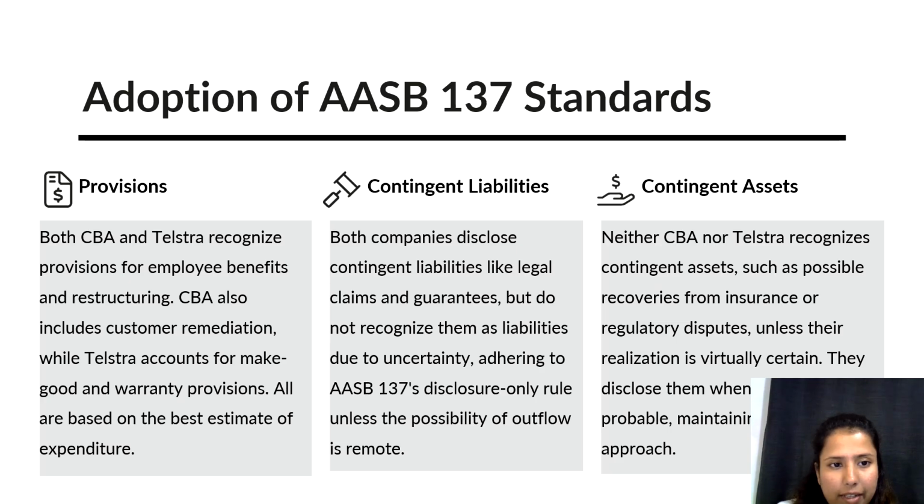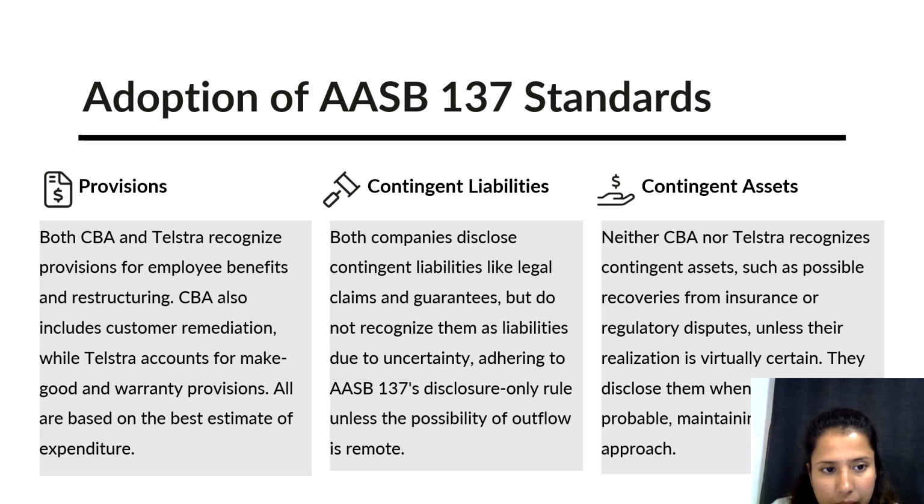So this slide talks about the adoption of the Australian accounting standard, AASB 137. So let's see how Commonwealth Bank and Telstra have made sure that they align with this particular standard.